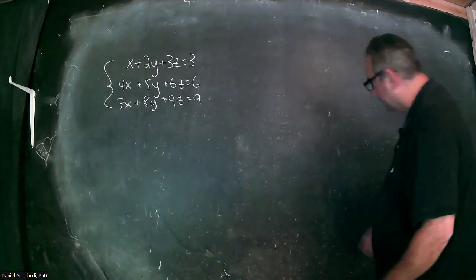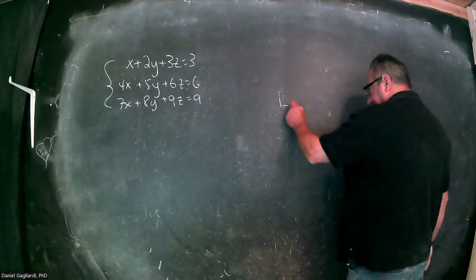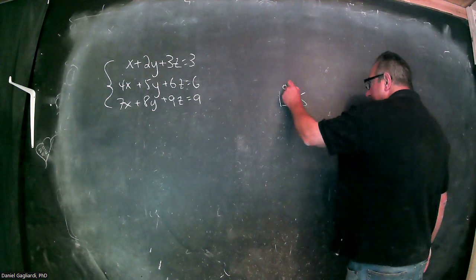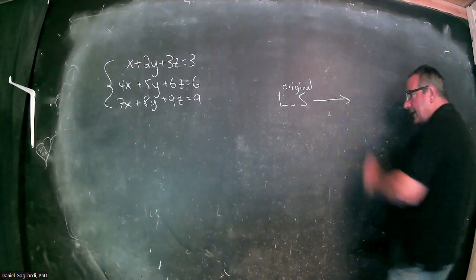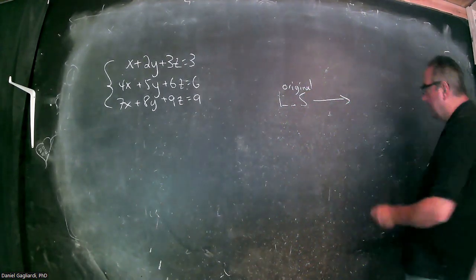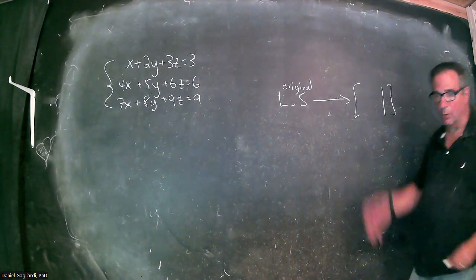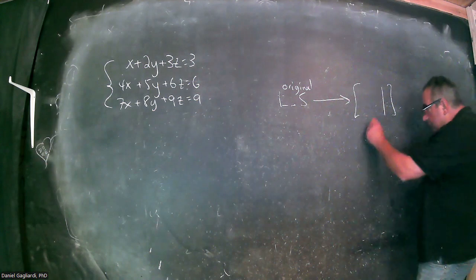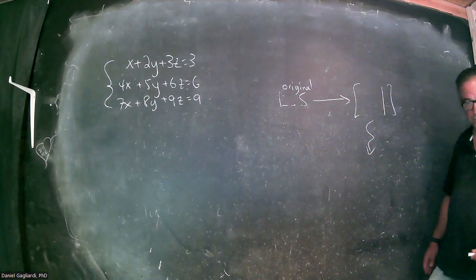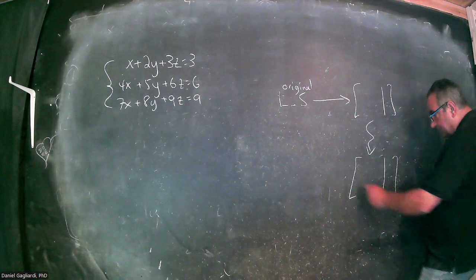Quickly, it involves taking the original linear system and mapping it to an augmented matrix, with the coefficients and the constants on the right hand side, then using row operations to reduce that augmented matrix to reduced row echelon form.